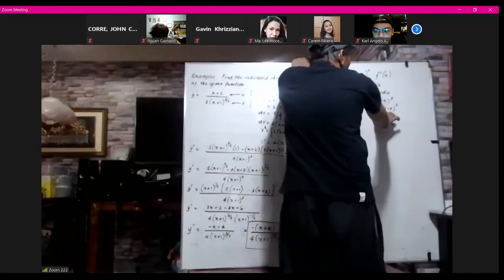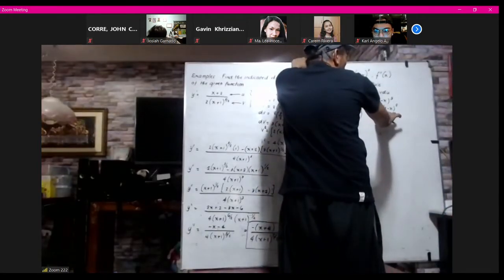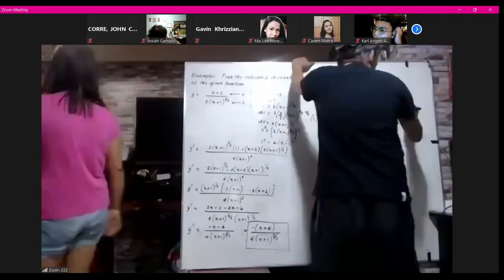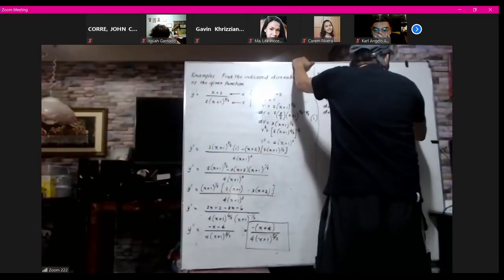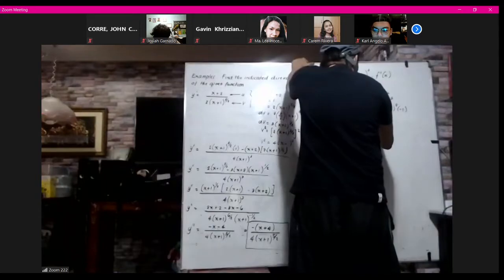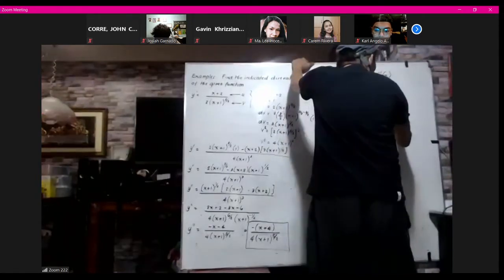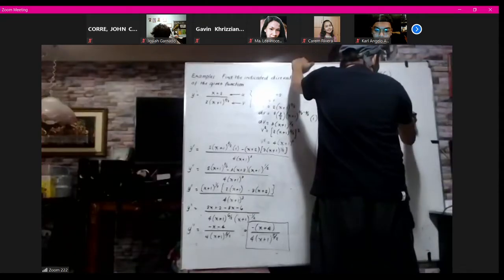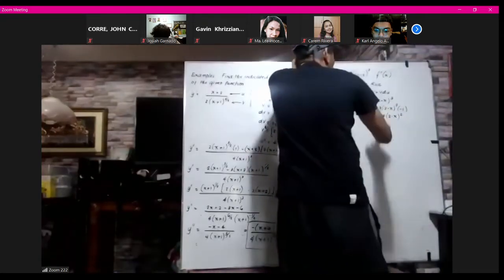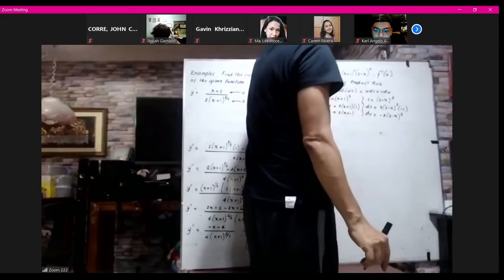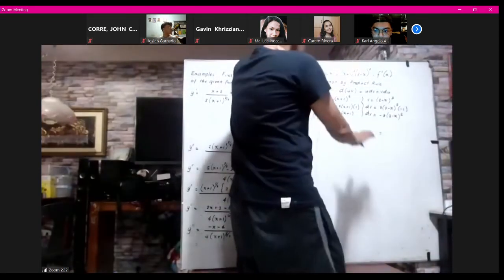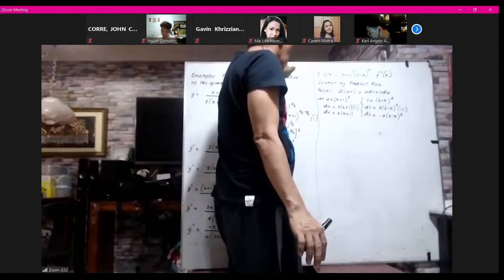And then, derivative na nasa loob, derivative of 2 is 0. Derivative of negative x is equal to negative 1. So, therefore, dv is equal to negative 3 multiplied by (2 minus x) raised to 2, because negative 1 times 3 equals negative 3. Okay. All these values, pwede na natin i-substitute doon sa formula.